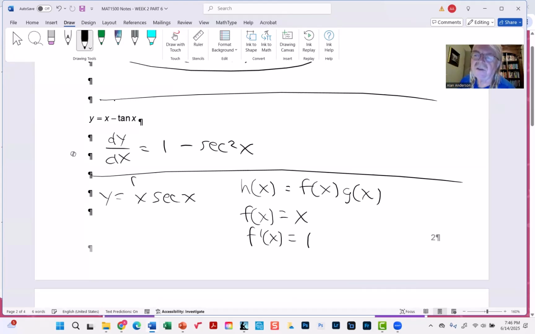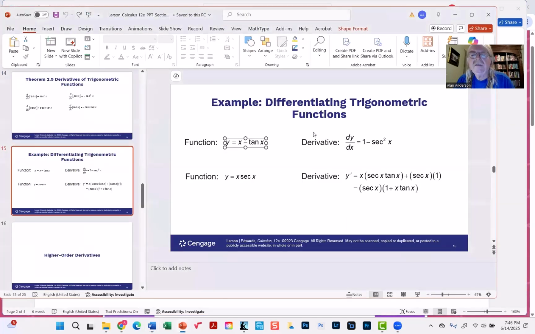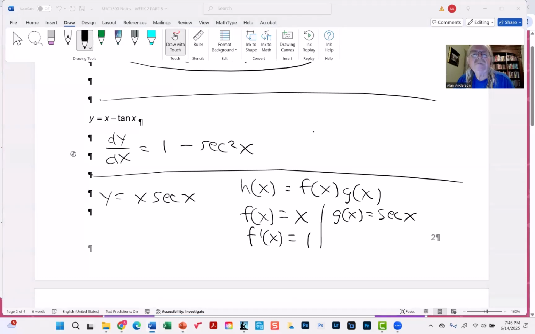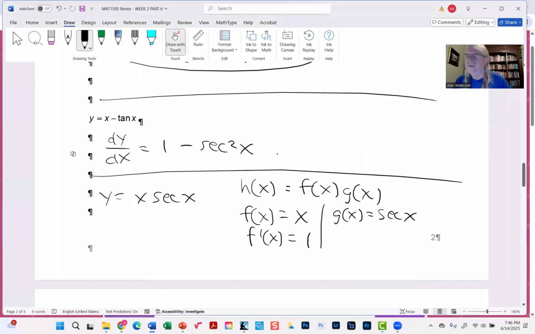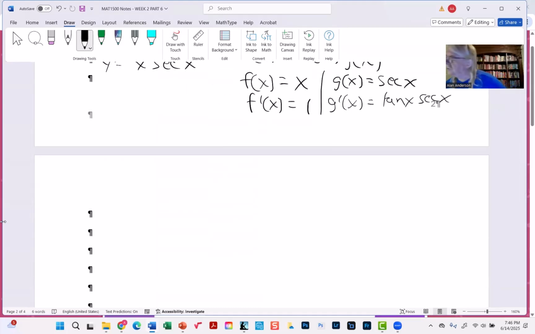Remember, the derivative of a constant is 0 and the derivative of x is 1 based on the power rule. And then that means that g of x is the secant. And once again, we may as well go consult with our chart. The derivative of the secant is tangent times secant. All right, so assuming we remember how this rule works.